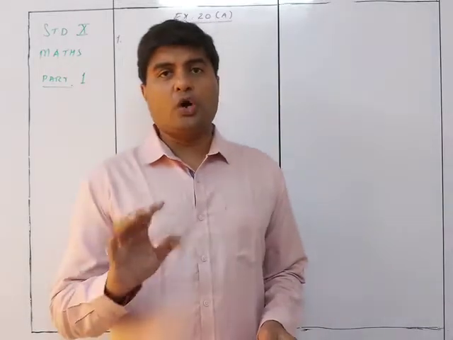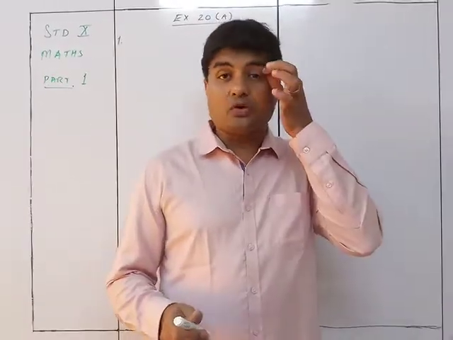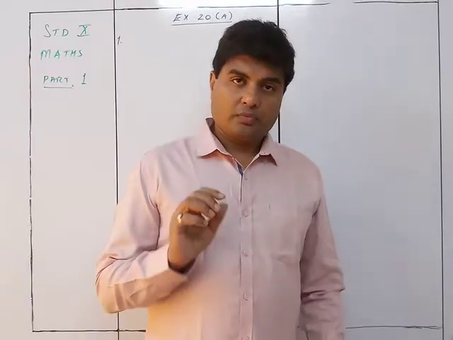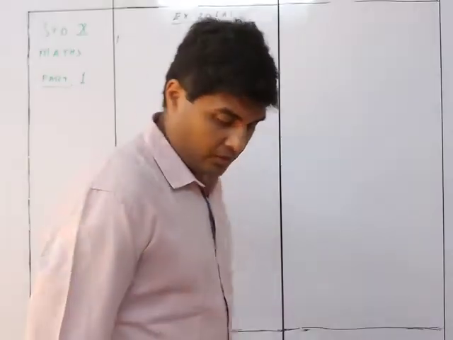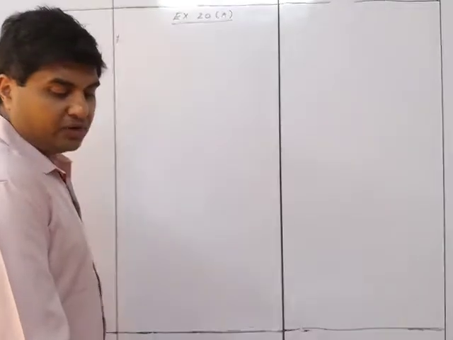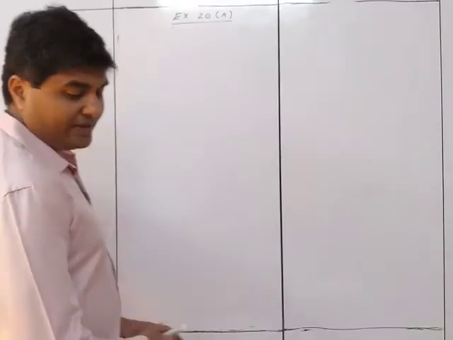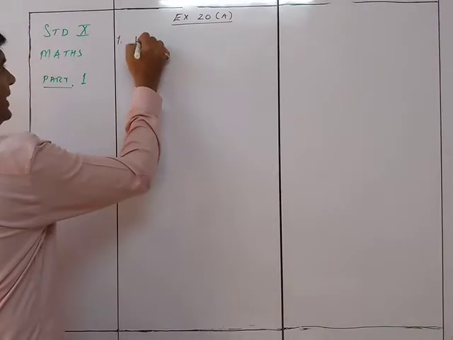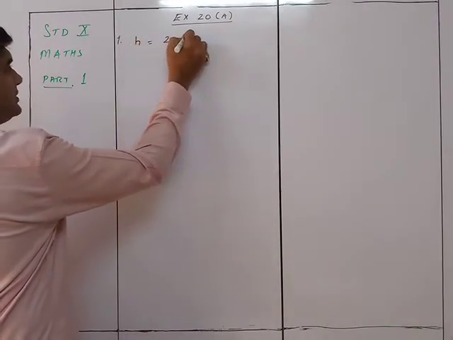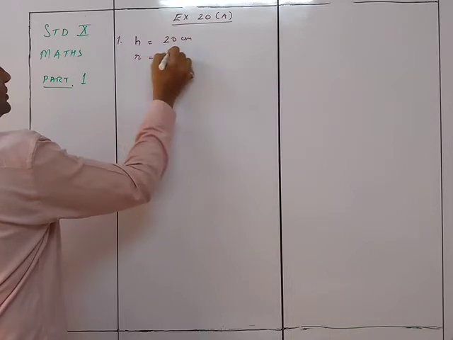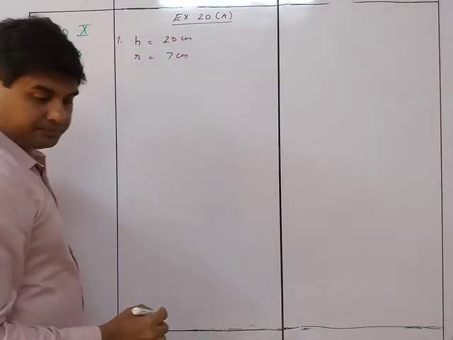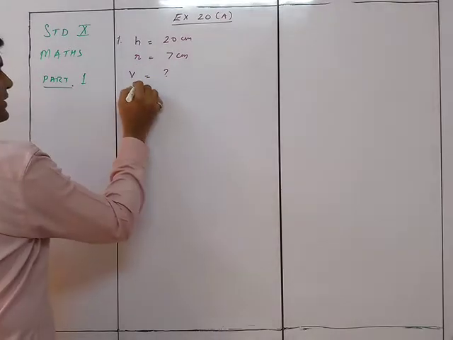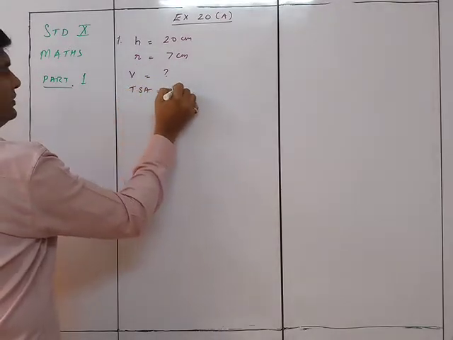All cylinders and cones will always be right circular, so if they are given over here, don't get confused. The height of a circular cylinder is 20 centimeters and the radius of the base is 7. So height is 20 centimeters and radius is 7 centimeters. We need to find the volume and the TSA of this cylinder.